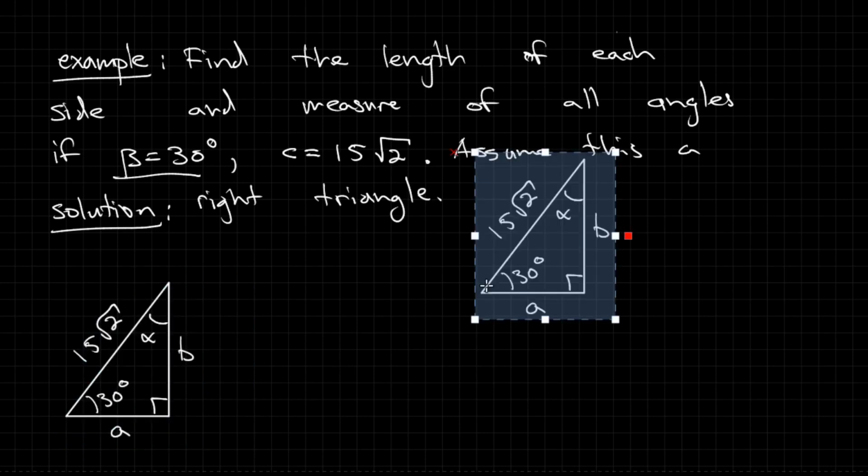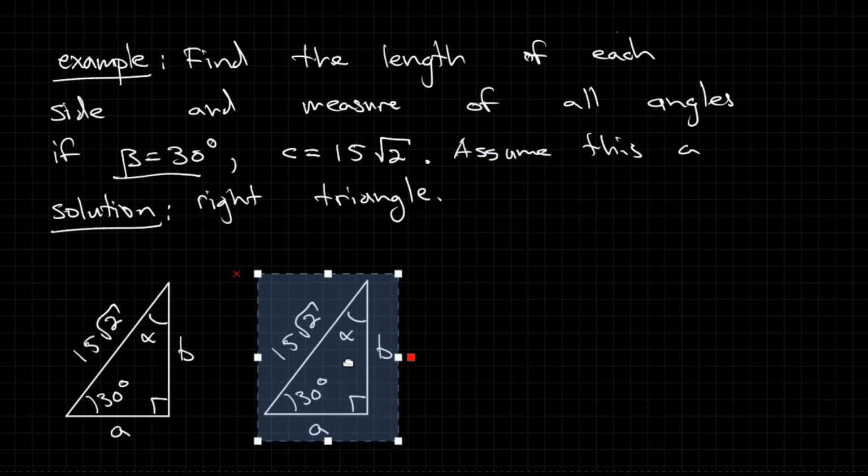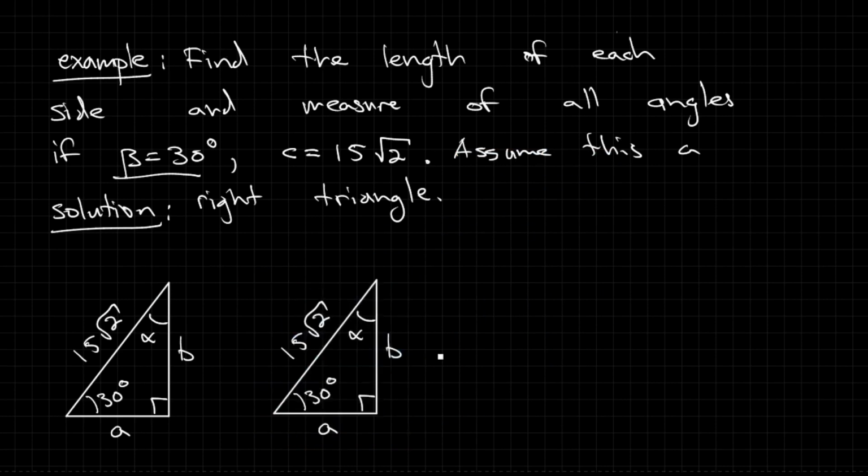So you could have drawn something with the following labels. So go ahead and erase these signs. We could have put 30 degrees in the upper right hand corner. If you do, then B is this lower side, because again B has to be opposite to beta.